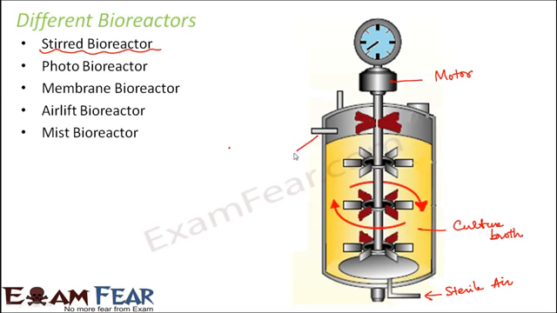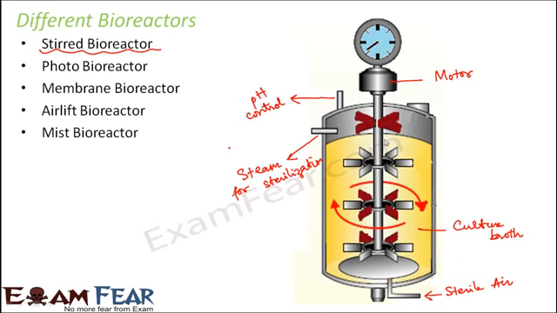Here you have another opening where you provide steam for sterilization. Here you have another controller, and this controller is to control the pH. So pH is being controlled from here. Increasing or decreasing the pH can change the medium from acidic to basic. So that is how the medium is controlled by this pH control.